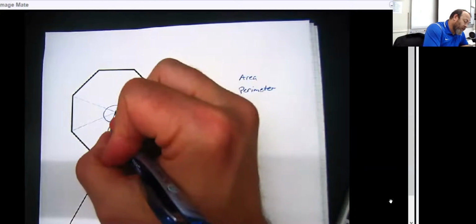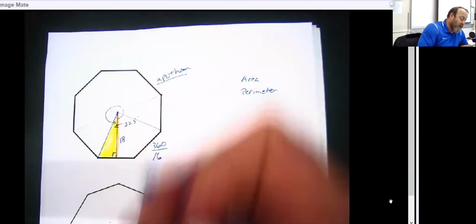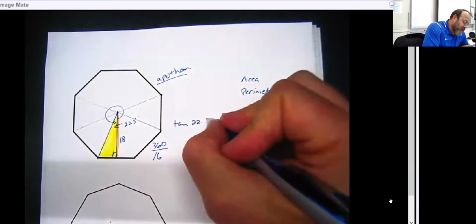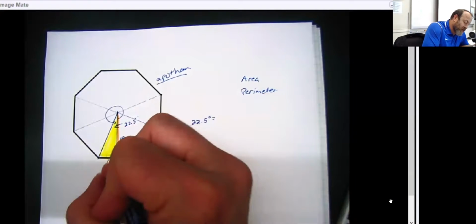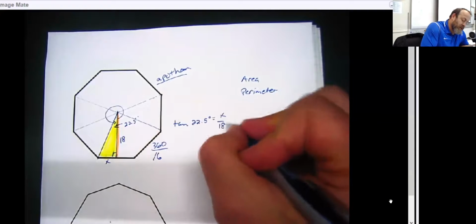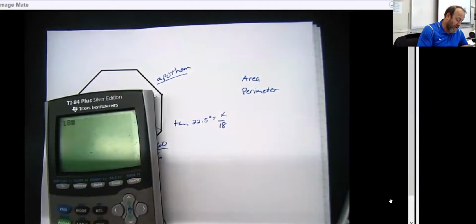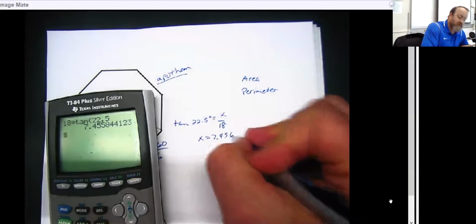So this little angle right up here at that vertex is 22.5 degrees. If I did a quick tangent, I could say that the tangent of 22.5 would be the opposite over the adjacent, x over 18. So 18 times the tangent of 22.5 would be x, which is 7.456.